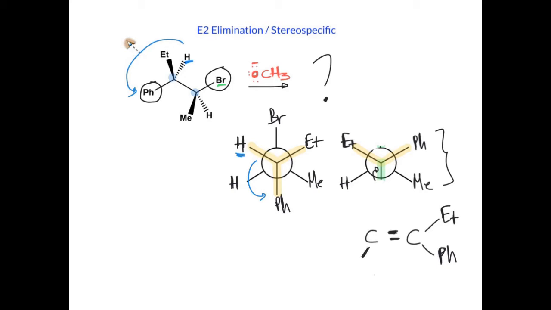So I need to draw the methyl from this direction to show that it is close to this phenyl group. This clearly shows me that I'm going to have a Z alkene because methyl has higher priority than hydrogen for the left carbon, and phenyl has higher priority than the ethyl.